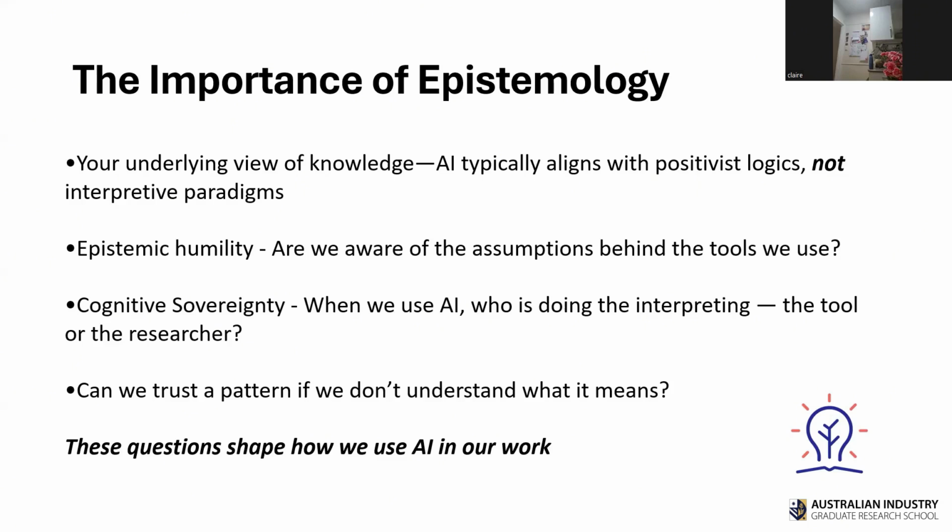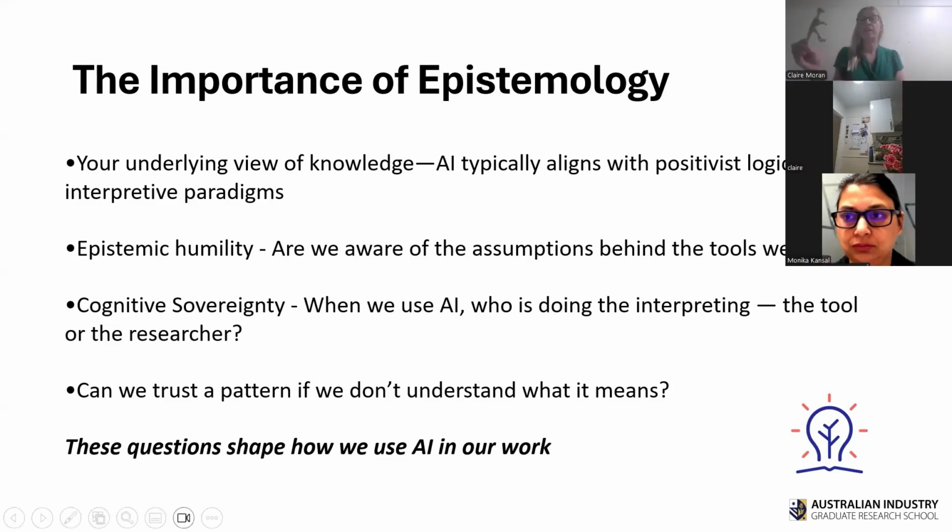If we think about the fact that AI is responding based on statistical likelihood, what we can recognize here is that AI has a positivist logic. When we're talking about a positivist logic, I'm going to bring out my little dinosaur to help explain this really quickly. What we're talking about here is that there is an actual truth. If we look at this dinosaur, I can say this is an actual dinosaur.